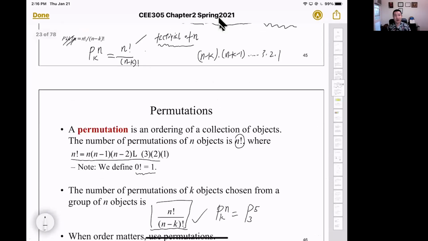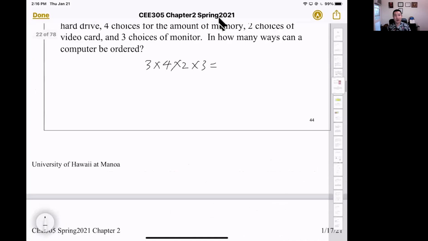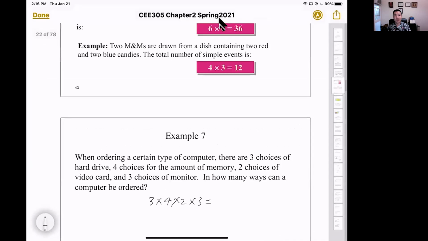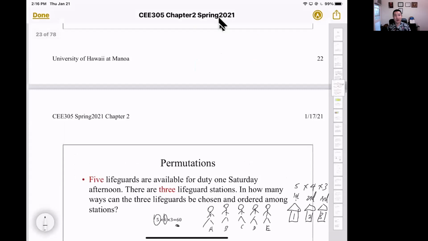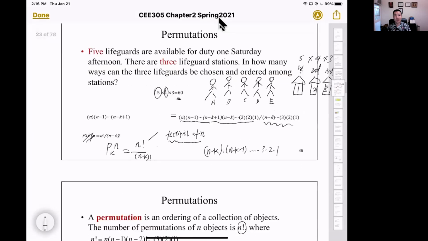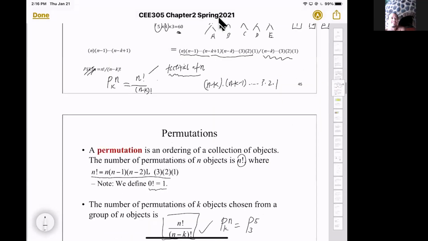It says n factorial equals n times (n minus 1) times n minus 2.